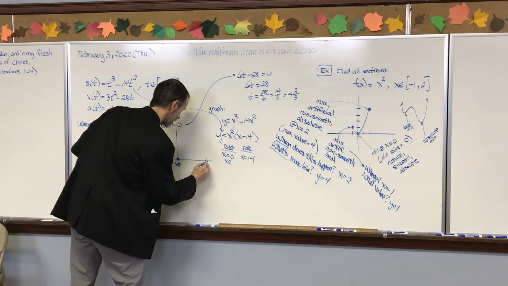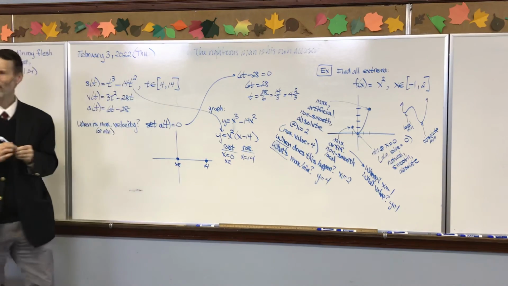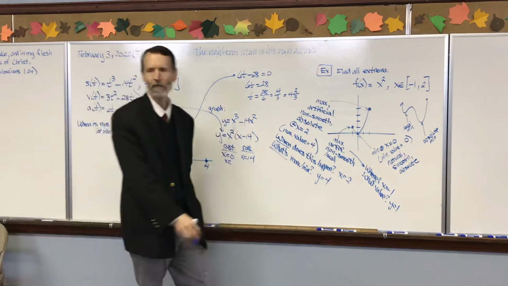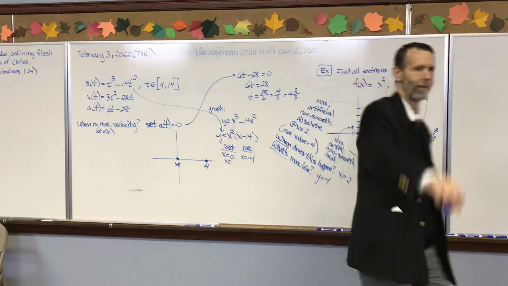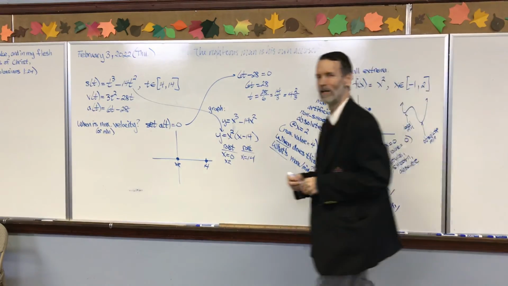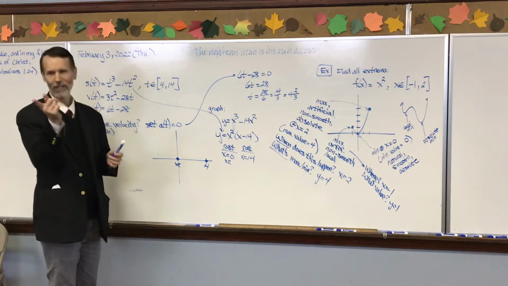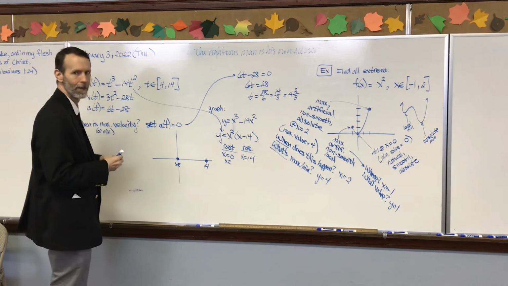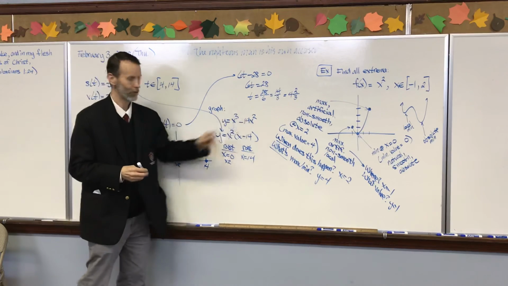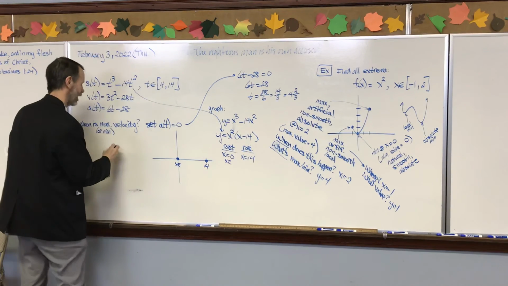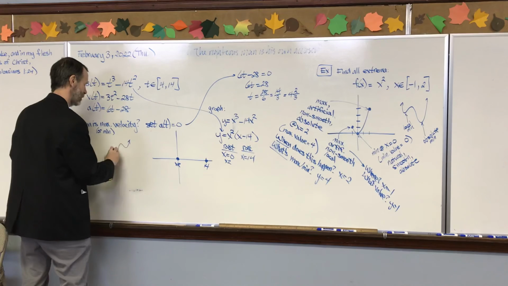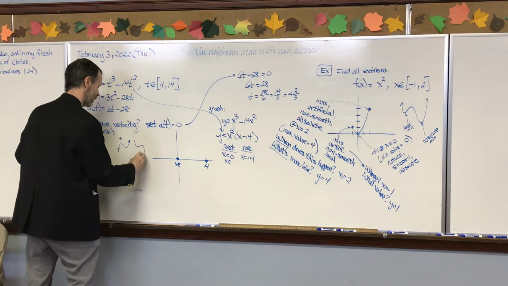Can anybody tell me what shape this thing's going to be? X cubed minus 14x squared. It's going to come down and then go back up and come back down again. There's two possibilities. What degree is it? 3. It's called a cubic. So we have positive cubics and we have negative cubics.